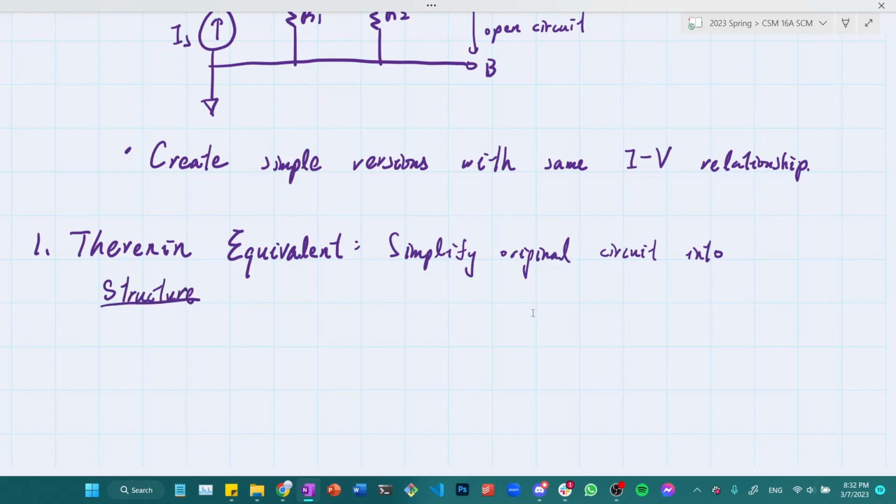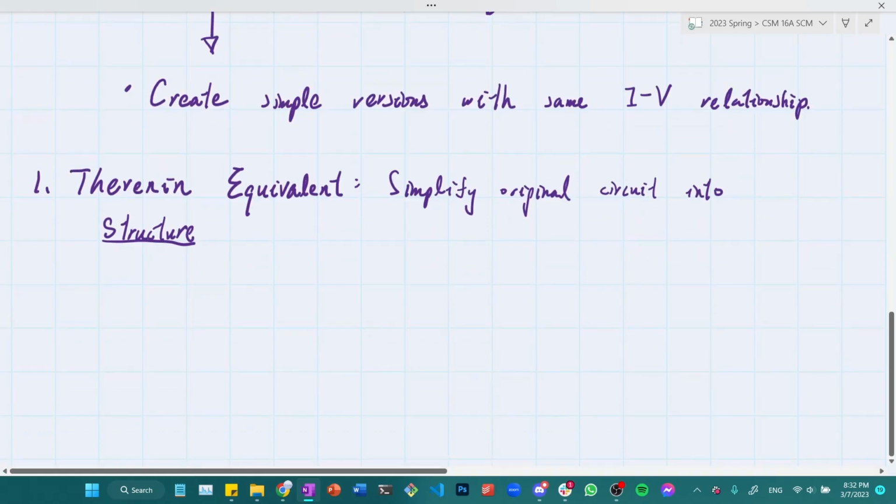So once again, let's remind ourselves that to have an equivalent circuit is to have a simpler version of a circuit that has the same IV relationship, so we can save calculation. Intuitively, for simplifying computation, we want a simple version to water down a circuit into, so that it's easier to compute. It's faster to show you what the Thevenin equivalent really looks like.